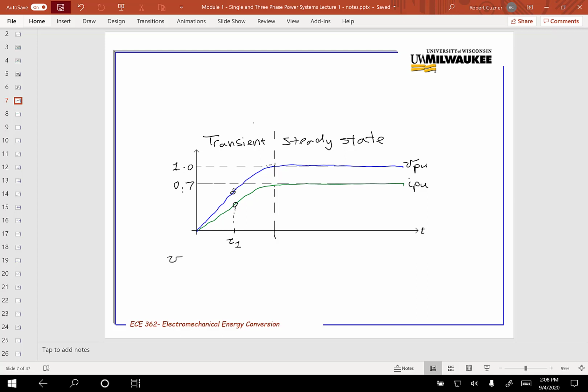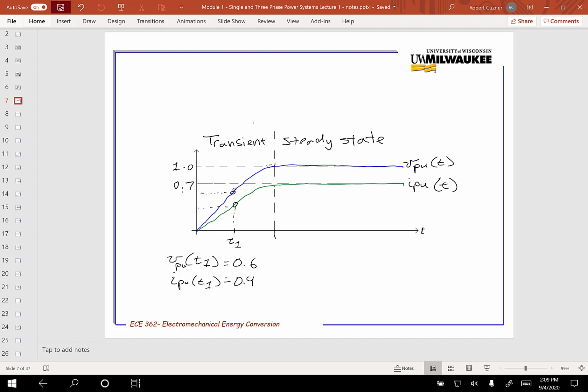So we're really describing here V per unit as a function of time, and I per unit as a function of time. So V per unit at T1 would be about 0.6, and I per unit at T1 would be about 0.4.